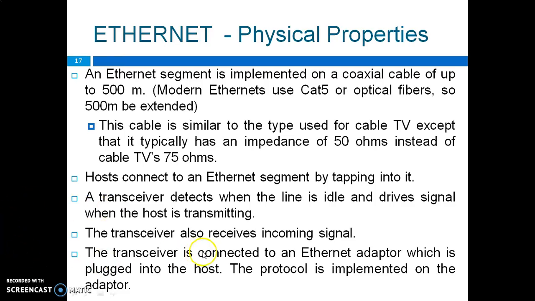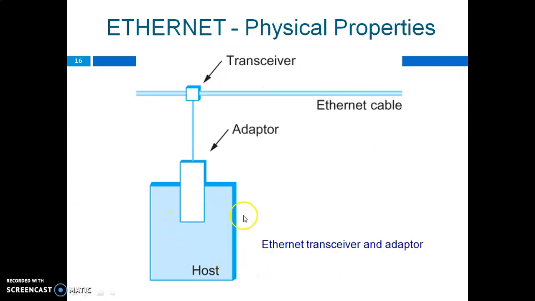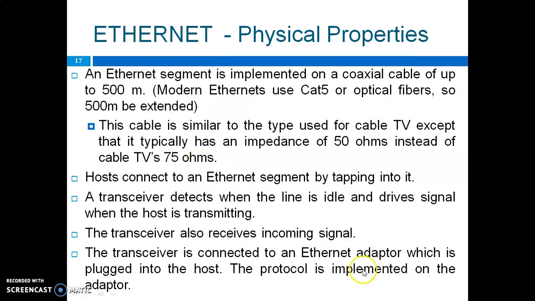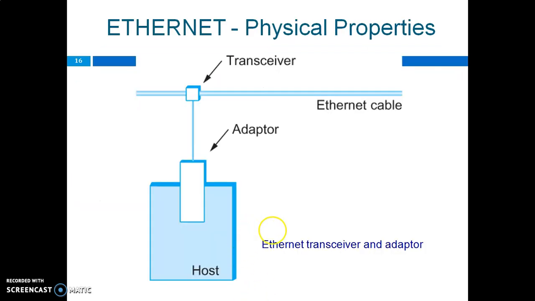The transceiver is connected to an Ethernet adapter which is plugged into the host. The protocol is implemented on the adapter. So this is the host, we can say this is one computer, and this is the adapter. We know that the adapter is used by the MAC as a protocol. Okay, so the particular protocol is implemented on the adapter.